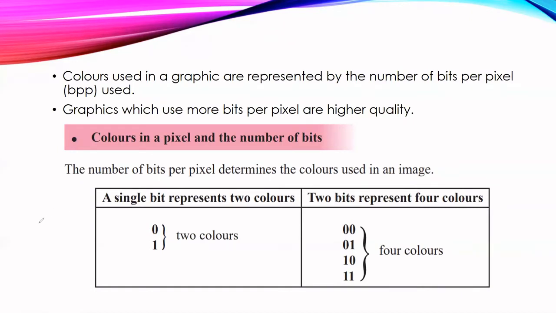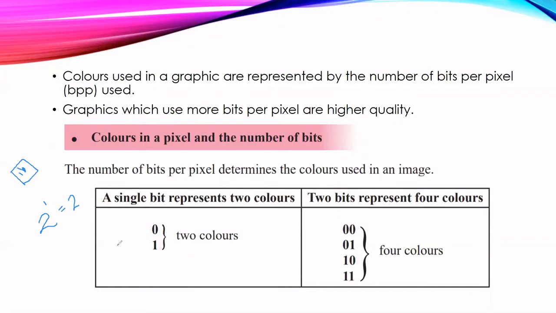because again look here. If there is one bit, it means 2 to the power 1 is 2, right? If there is one bit in the pixel, you can see there are two colors in the pixel, right?